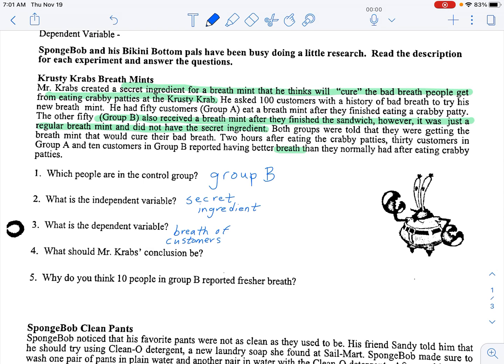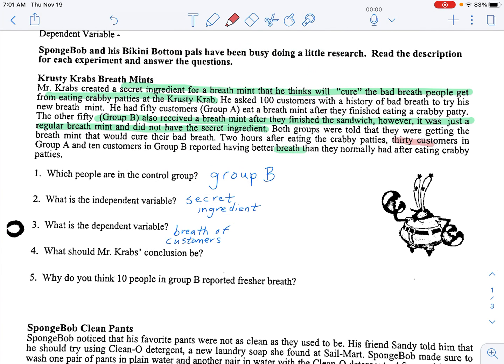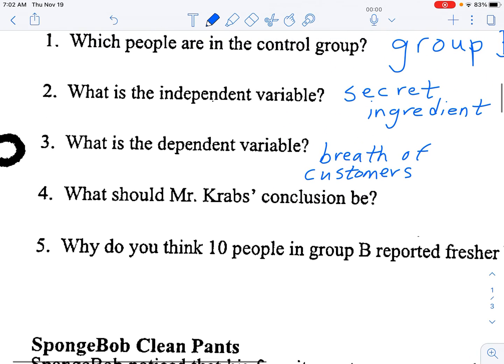So they were 3 times more likely to report having better breath, because we said that there were 30 of them that had better breath with Group A and 10 customers in Group B. So I'm saying 3 times because 30 is 3 times larger than 10. So his conclusion should be that the secret ingredient works because 3 times more people said that it helped their breath.